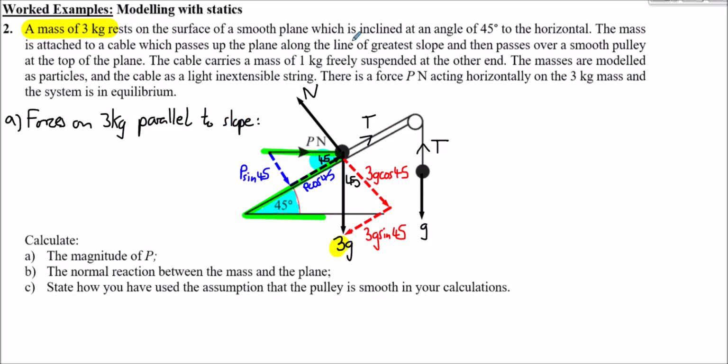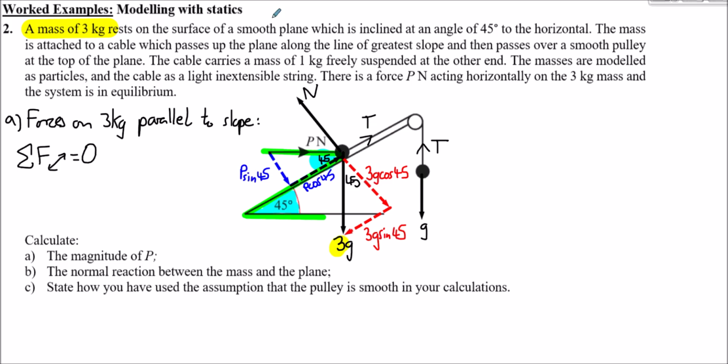So we are told again that this is in an equilibrium system. So the sum of the forces parallel to the slope will equal 0. Another way of thinking about this is they'll balance. So going up the slope will equal the forces or components going down the slope.